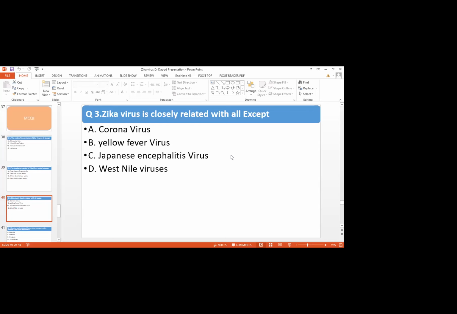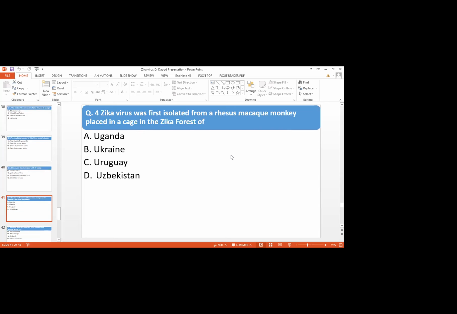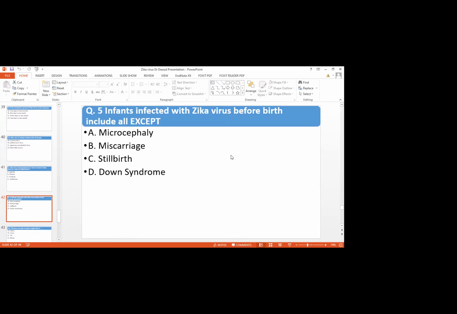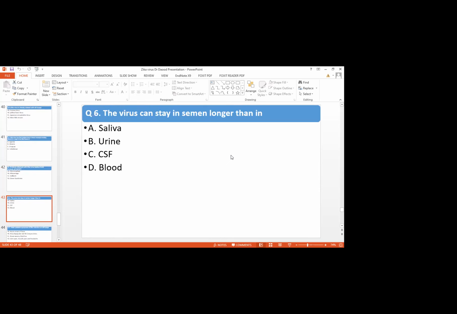Zika virus is closely related to all except coronavirus. Zika virus was first isolated from a rhesus monkey placed in a cage in the Zika forest of Uganda. Infants infected with Zika virus before birth include all except Down syndrome. Virus can stay in semen longer than in blood.